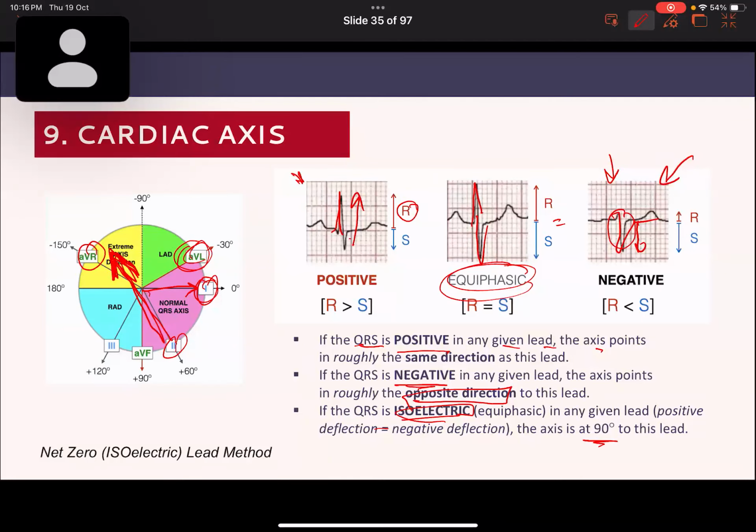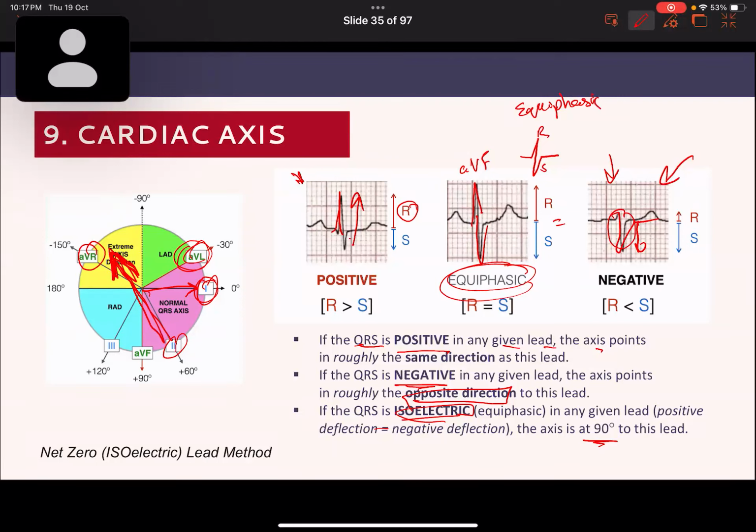I'll give you an example for this so you guys could better understand this. Let's say you're looking at the ECG and you notice that lead AVF has this type of wave, as in the R wave is similar in distance to the S wave. So this is equiphasic. That's the first part that you should understand.